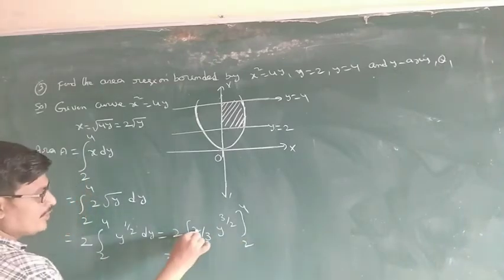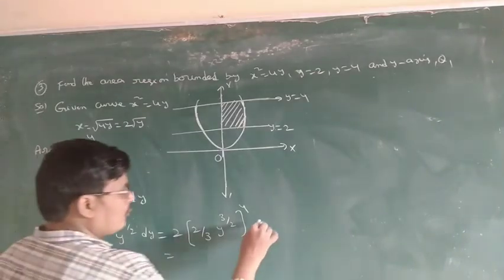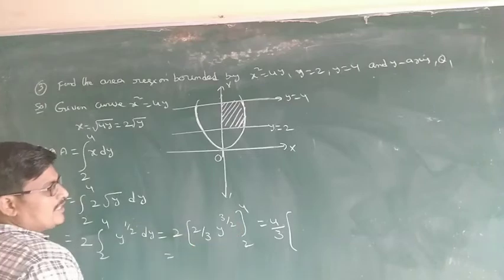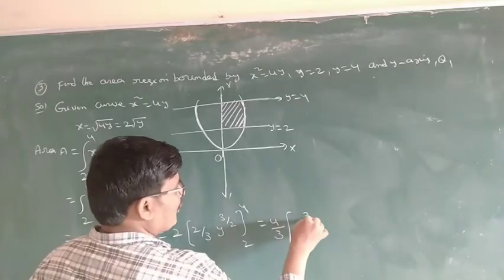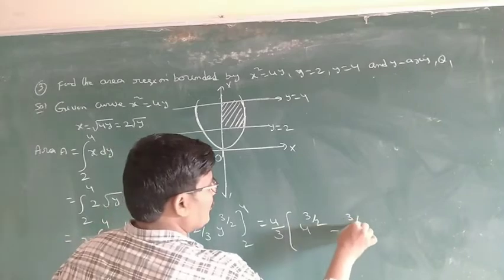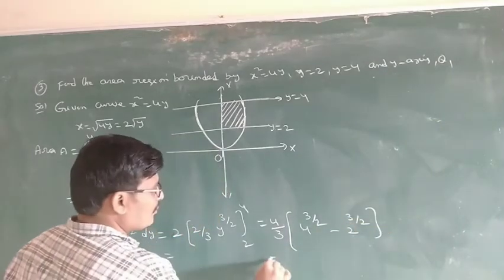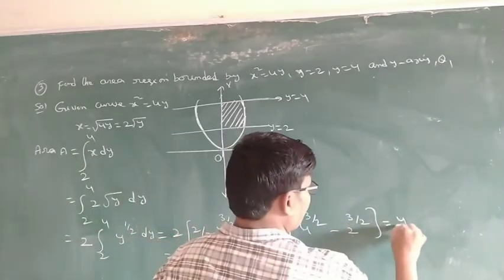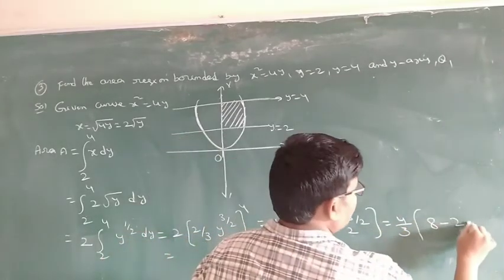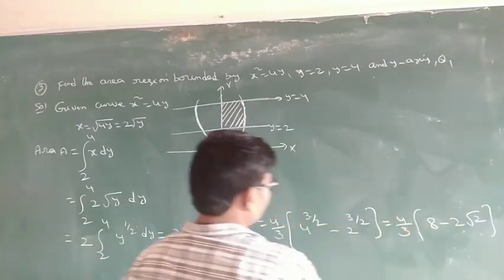This is equal to 4 by 3 into, applying the upper limit 4 power 3 by 2 minus the lower limit 2 power 3 by 2. So 4 by 3 into 8 minus 2 root 2.